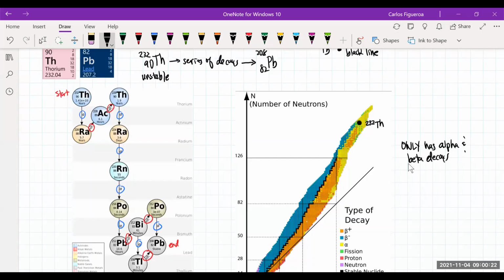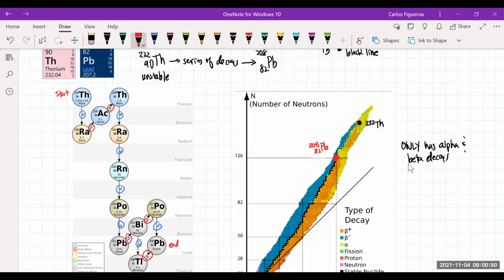So that means it never enters into the orange region. So now if I go look at lead, that's lead right there. This is 208 lead, a stable isotope. So what is the decay chain going to do? To get there, it never enters into the orange region.